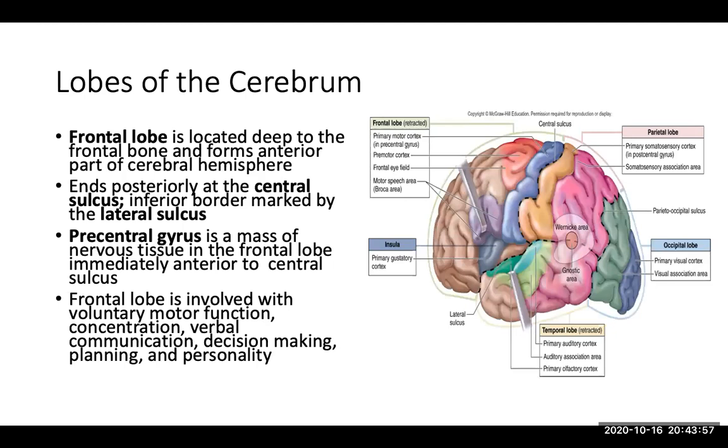This takes you through what I just talked about, what each lobe and the functions of each lobe are. The frontal lobe has your precentral gyrus, which is a mass of nervous tissue in the frontal lobe immediately anterior to the central sulcus. In that precentral gyrus is where your primary motor cortex is. I'll let you read through other functions of the frontal lobe shown there.